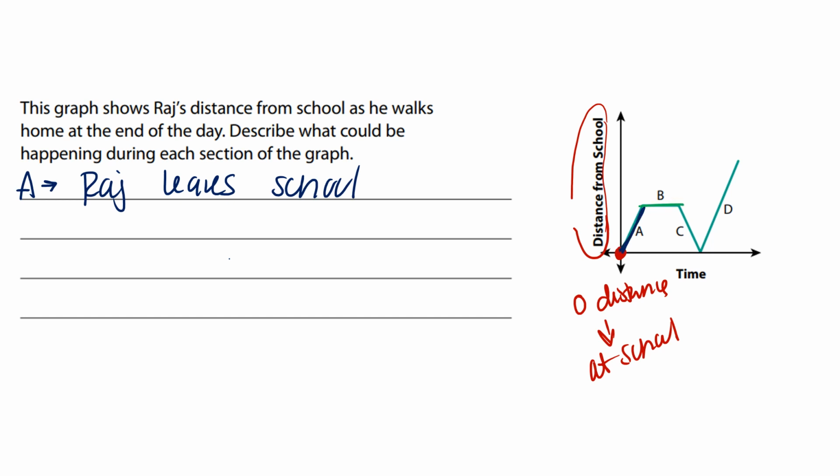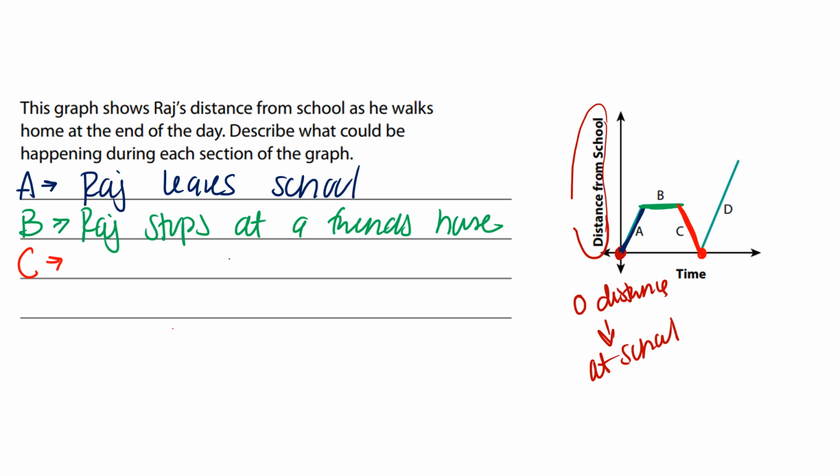In letter B, that's a straight horizontal line. So we could say that Raj stops at a friend's house. In letter C, we see it's back here at this 0 line, meaning he's back at school.